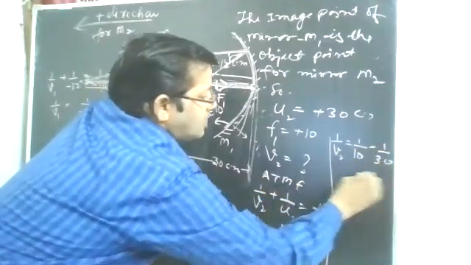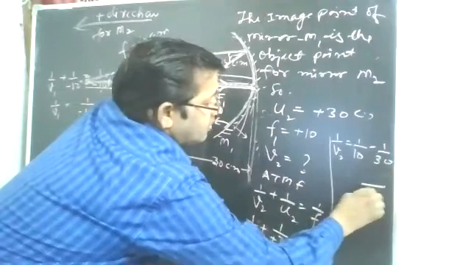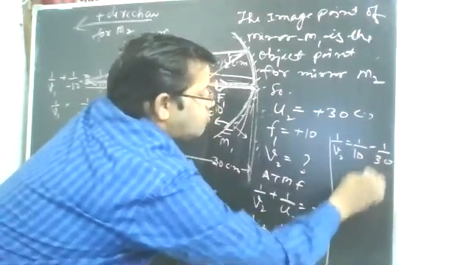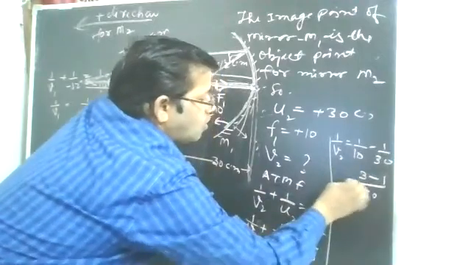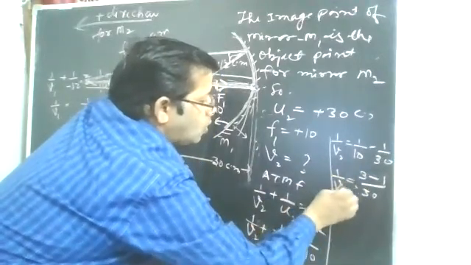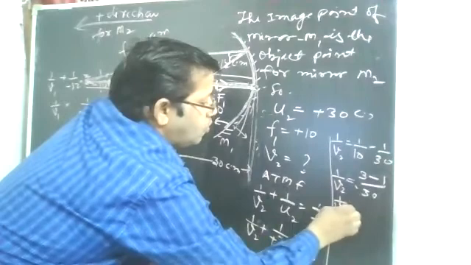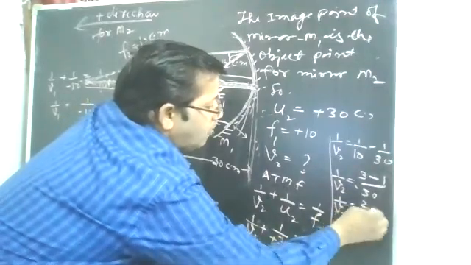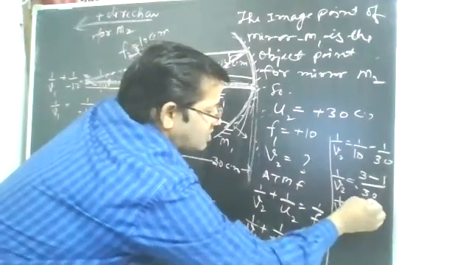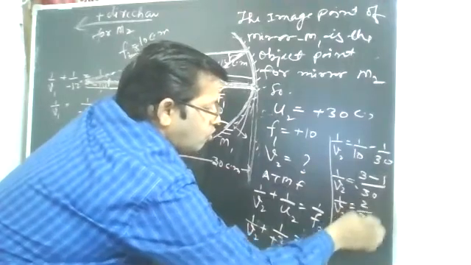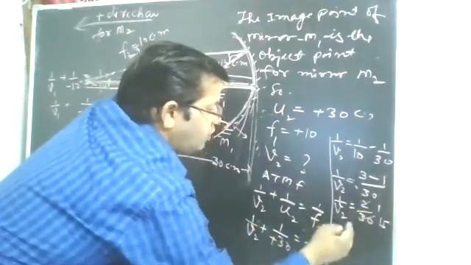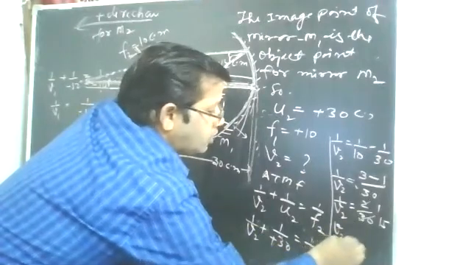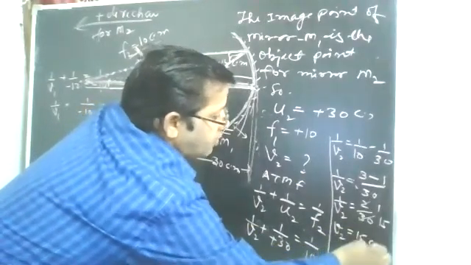LCM is 30. 3 minus 1 gives 2. So 1 by V2 is equal to 2 by 30, which cuts to 1 by 15. Invert this: V2 is equal to 15 centimeters.